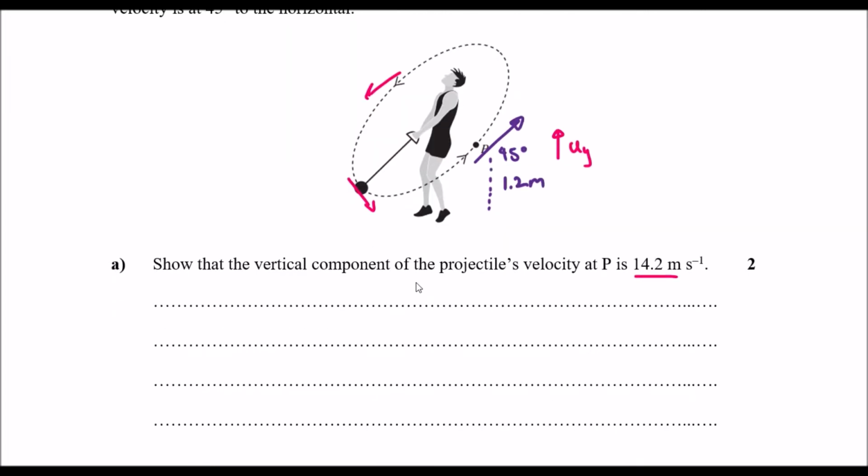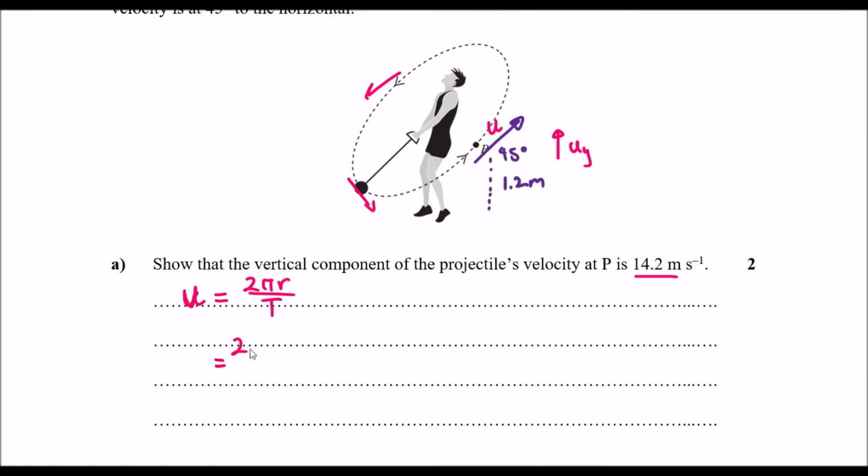Okay, assuming this is uniform circular motion, then we can say that the initial velocity, we'll call that u, this is u here, is 2 pi r over T. 2 pi r represents the circumference of our particular circle, and then capital T represents the time it takes for it to rotate around.